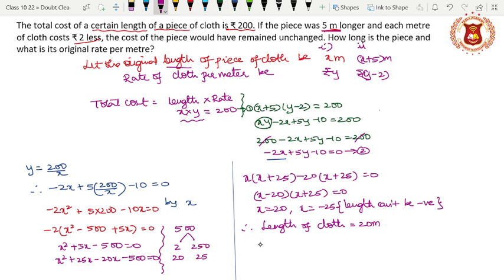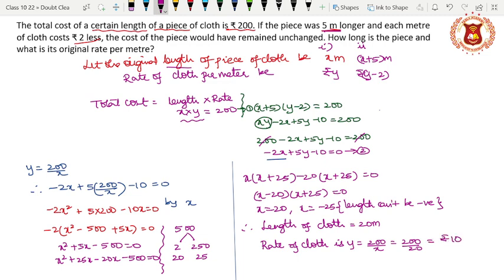Yes. Now rate of cloth is y, I know, 200 by x here. 200 by x is equal to 200 by 20 is equal to rupees 10.